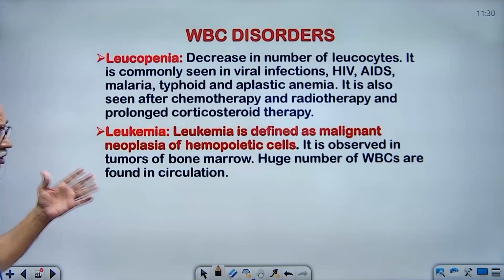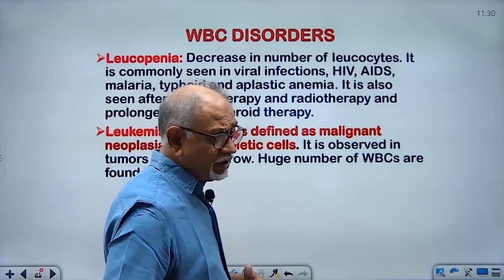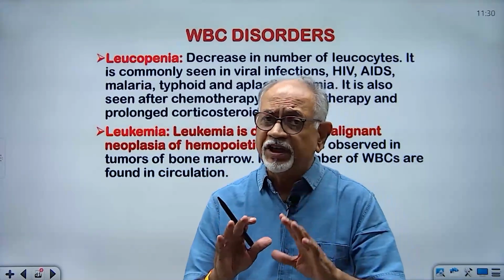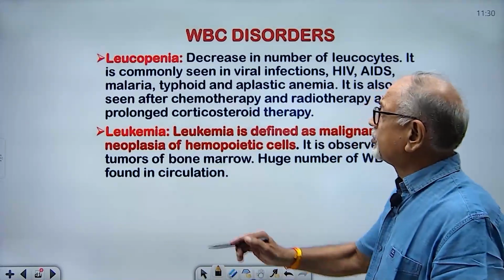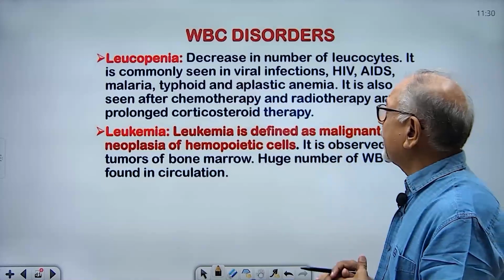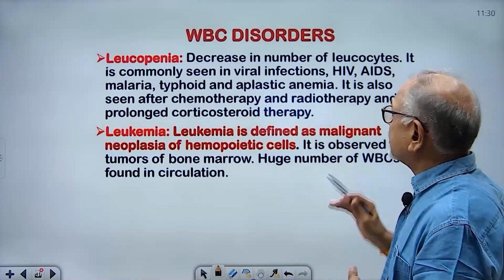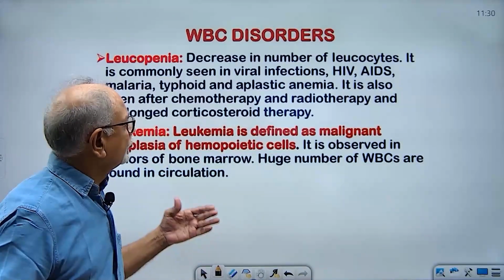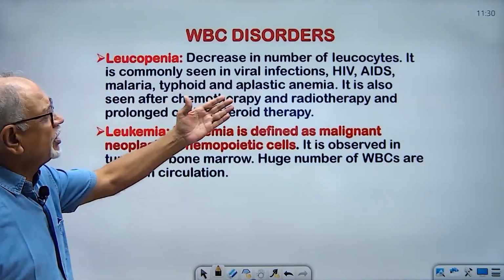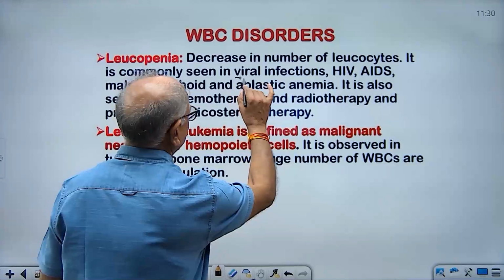Now, a condition when there is an abnormal decrease in the leukocyte count is called leukopenia. That is, a decrease in the leukocyte count. It is commonly seen in viral infections.